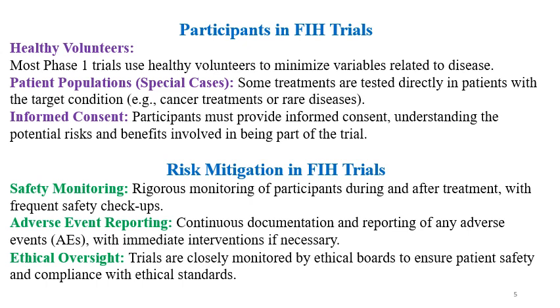Ethical oversight: trials are closely monitored by ethical boards to ensure patient safety and compliance with ethical standards. This risk is there in the FIH trials because new molecules are being tested. Before this study, the new molecules are only tested in animals, and this is the first in human study, that is clinical trial phase 1. So some risks are always there.